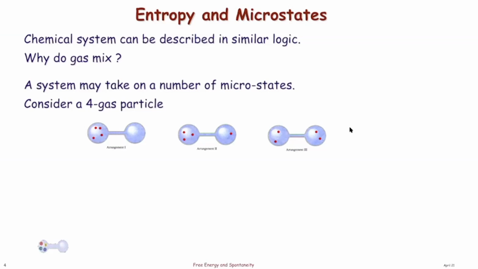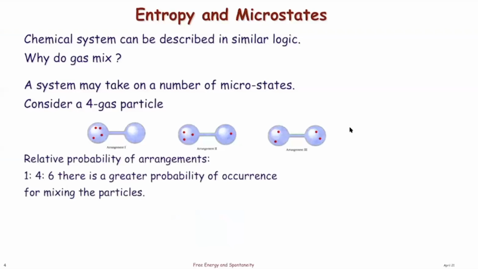What are the probabilities of these different scenarios? Well, 4 particles on one side, at least to the left, that's 1. 3 particles on the left, 1 particle on the right, that's 4. Okay, 2 particles on each side, that's 6.